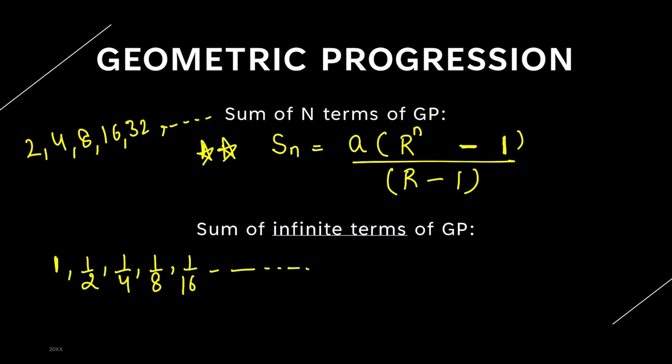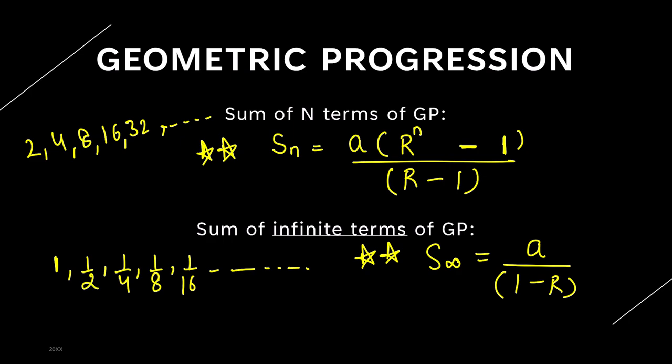In such a series, rather than n terms, you can also calculate the sum of infinite terms. How do we calculate it? The formula for the sum of infinite terms of a GP series is a upon 1 minus r. Just note it down in your formula sheet. In an exam, if they ask you the sum of infinite terms of a GP, the formula you are going to use is a upon 1 minus r.